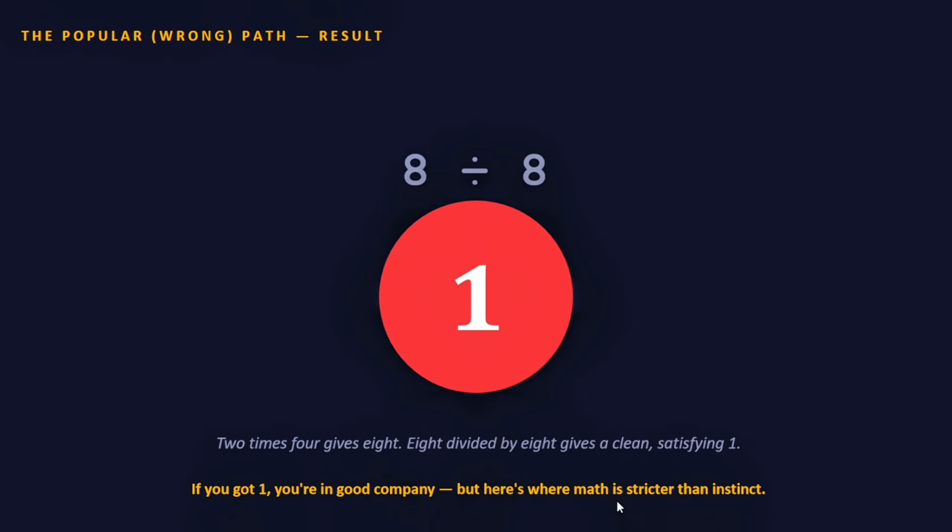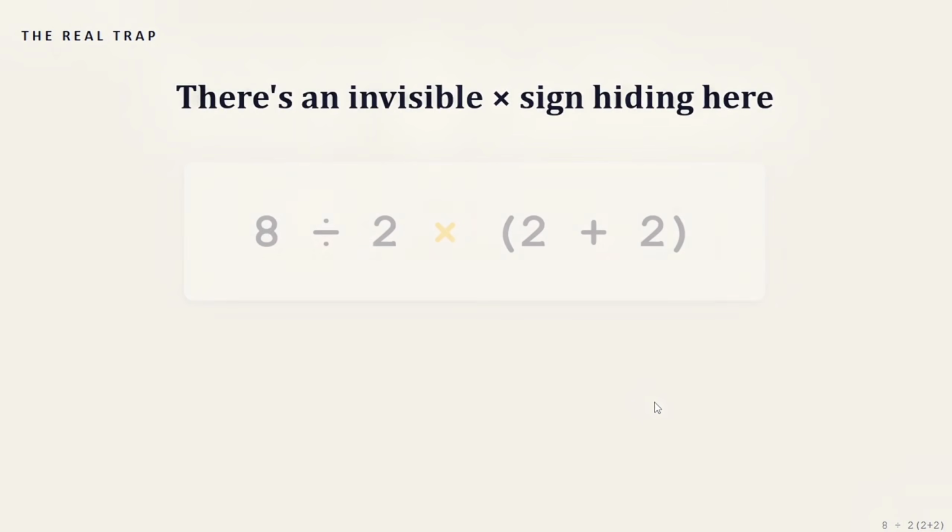But here is where the structure of mathematics gets a little stricter than our intuition. The subtle trap that causes thousands of arguments online isn't really about multiplication versus division. The trap lies in how we interpret what is missing. You see, in the expression 8 divided by 2, parentheses 2 plus 2, close parentheses, there is a hidden symbol.